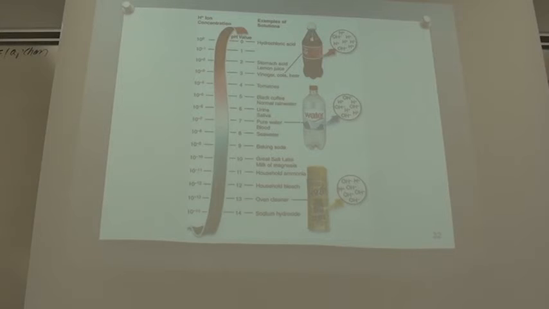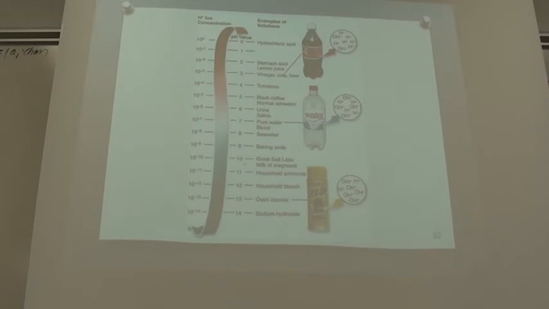Here is something with a pH of 7. It is totally neutral. Pure water has a pH of 7.00. Your blood has a pH of 7.41. Your blood must stay in a very, very narrow pH range in order for you to survive.